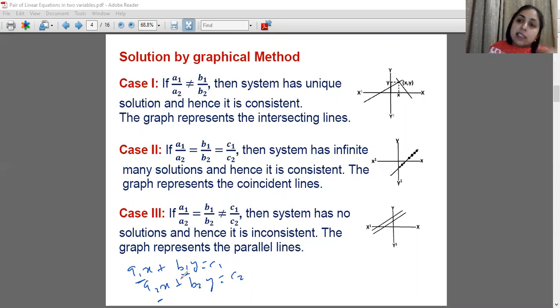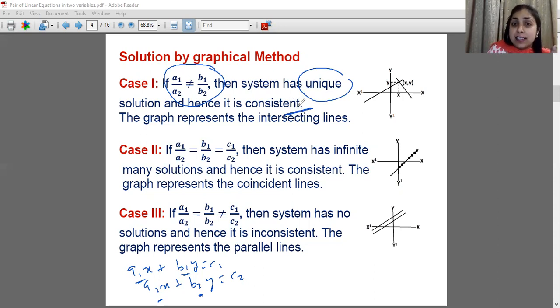What is b1? Similarly, b1 is the coefficient of y in the first equation and b2 is the coefficient of y in the second equation. If this condition holds, like the ratio of a1, a2 and the ratio of b1, b2 is not equal, then the system has a unique solution. And if it has a unique solution, it is consistent. In fact, if it has a solution, it is consistent, right?